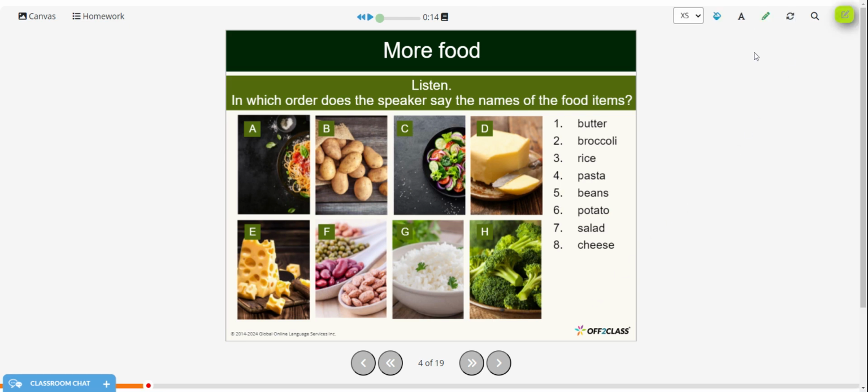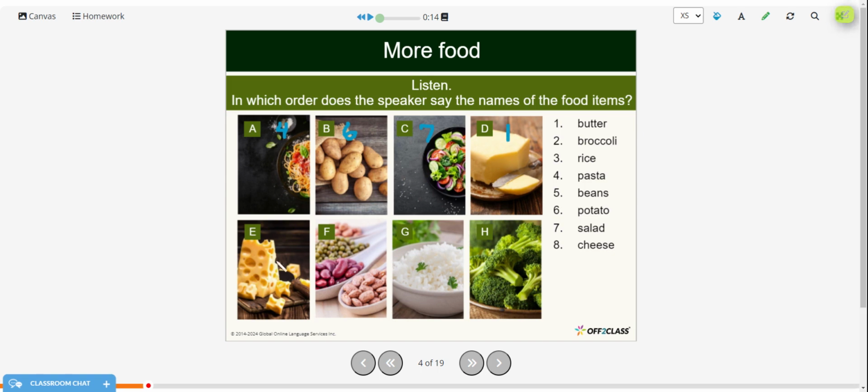All right, so letter A is number 4, pasta. Letter B is number 6, potato. Letter C is number 7, salad. Letter D is number 1, butter.